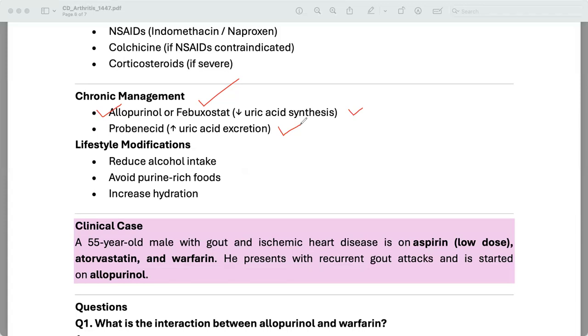And obviously, lifestyle modification: reduce alcohol intake, avoid purine-rich food, because the byproduct of purine and protein-rich food is uric acid, and increase hydration. A sufficient amount of water will take the uric acid crystals out into the urine.